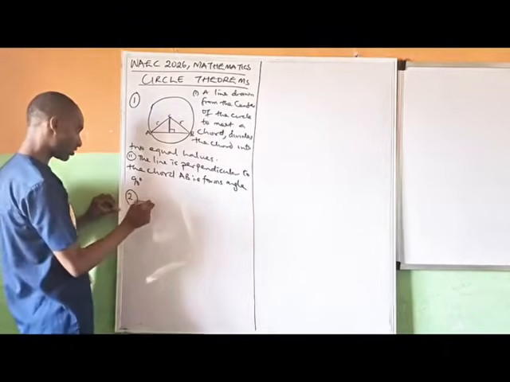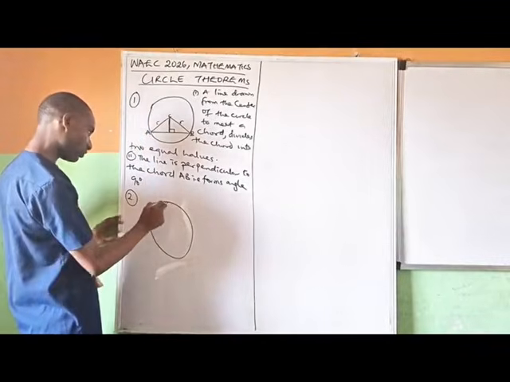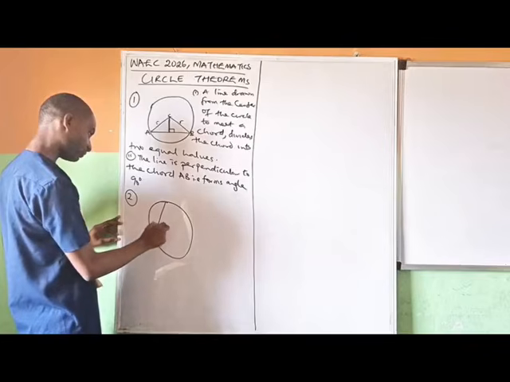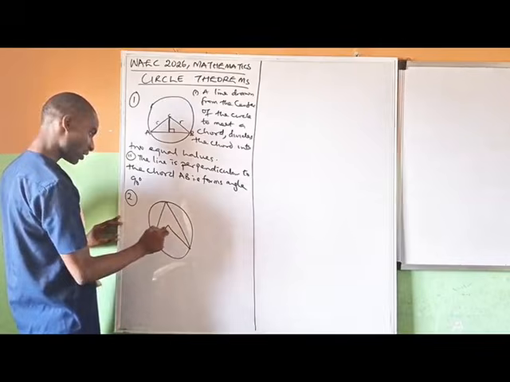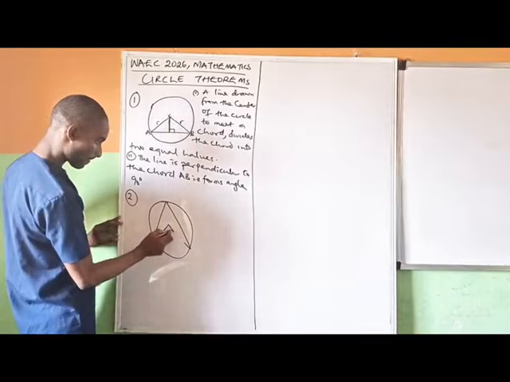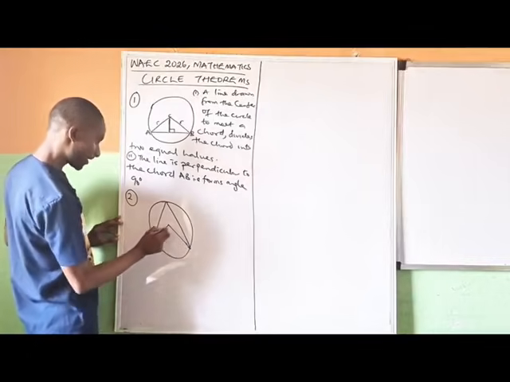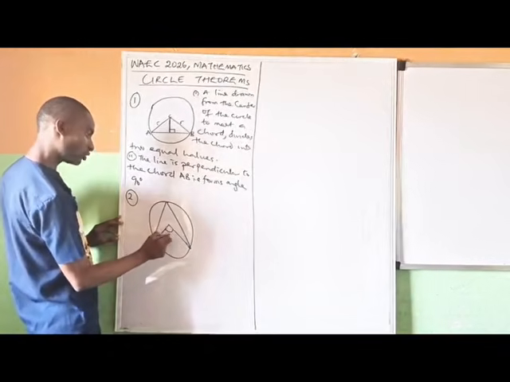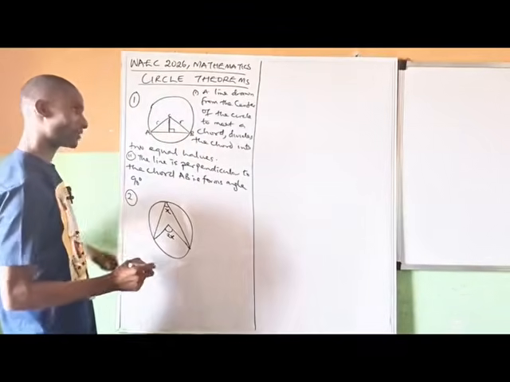Let's look at the second theorem, theorem number 2. So this was theorem 1. Theorem 2 says that if I have a circle and then I have this, yes, the angle here is twice of the angle at the circumference.